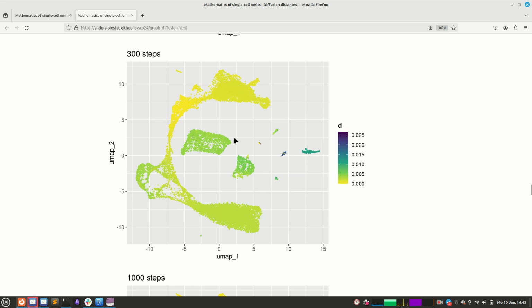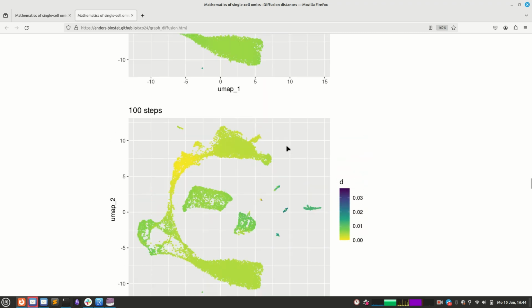And now we can go back and remind us what our original goal was. We wanted to understand the transition from these neural stem cells to these neuroblasts and onwards to the neurons. So we want a pseudotime that smoothly increases from here all the way to here.